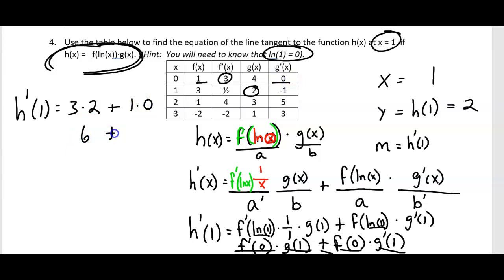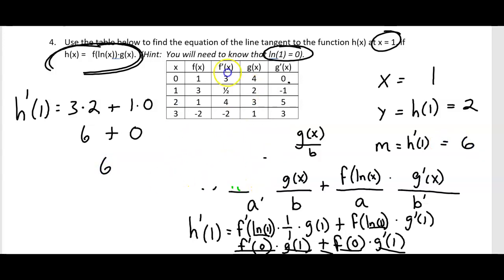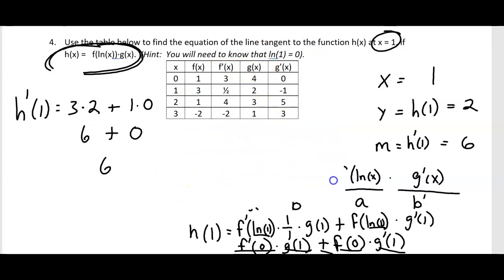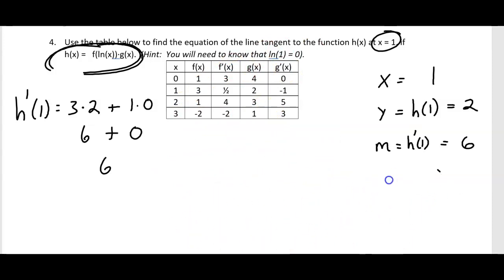So this is 6, that's 0, and that's 6. So there's my slope. I found my x, I found my y, I found my slope. We are now ready to go ahead and write out our tangent line. Here we go. y equals 6 times x minus 1 plus 2.